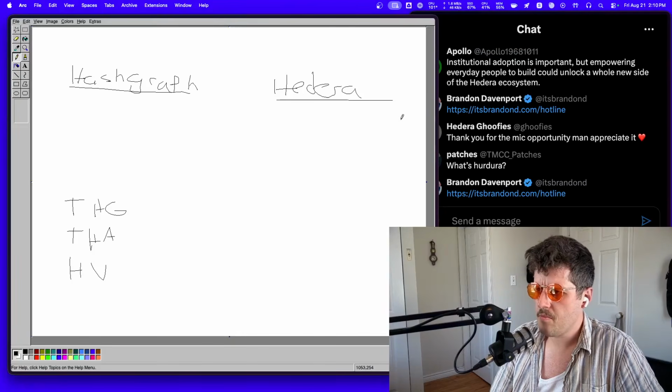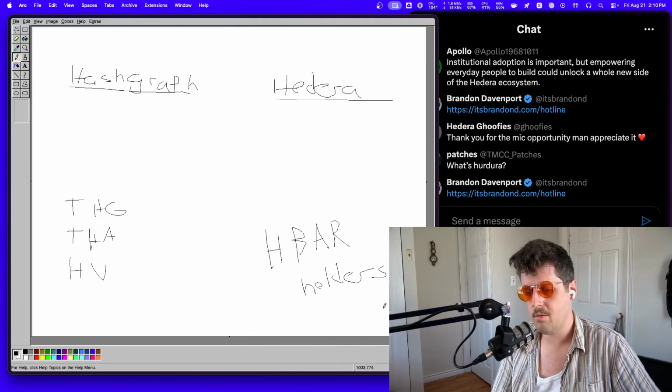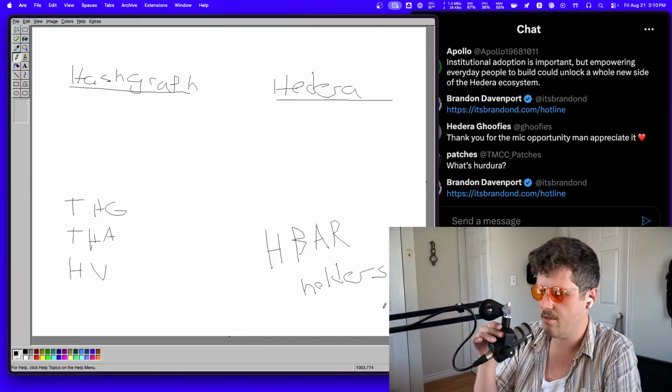So we've got Hashgraph, we've got Hedera, we've got all these different orgs, Hashgraph Ventures, the Hashgraph Association, all that kind of stuff. And then over here, we've got HBAR and holders. For the sake of this conversation, I know a lot of people will ask what's a holder, what's an investor, what's a SAFT investor.